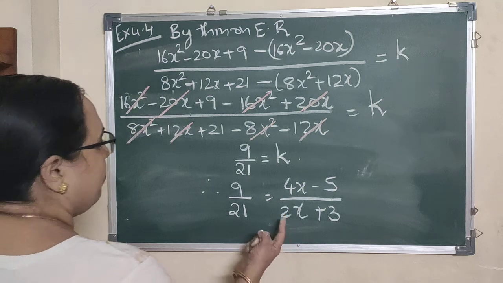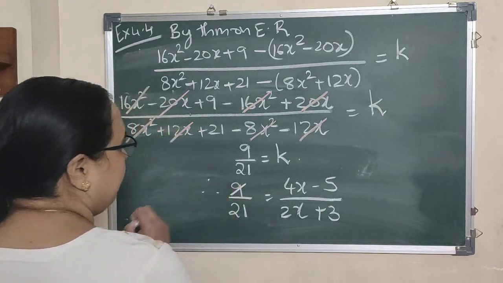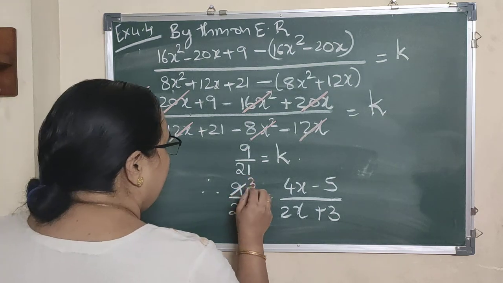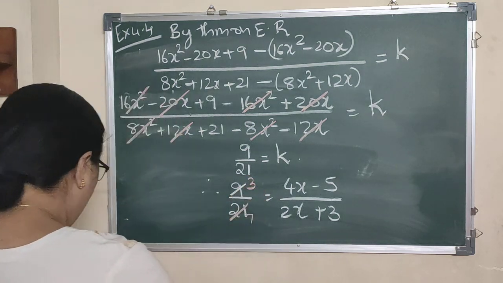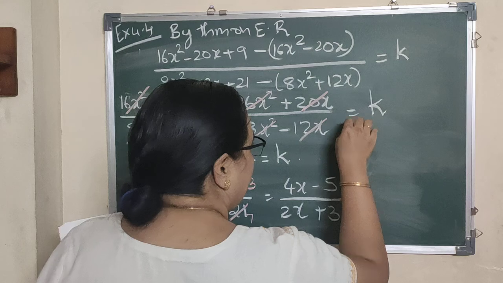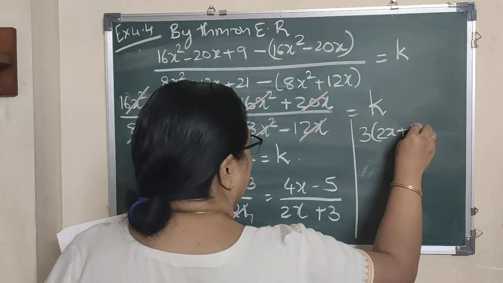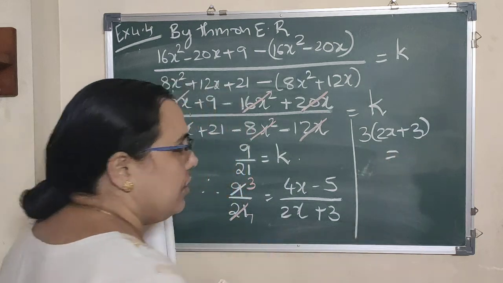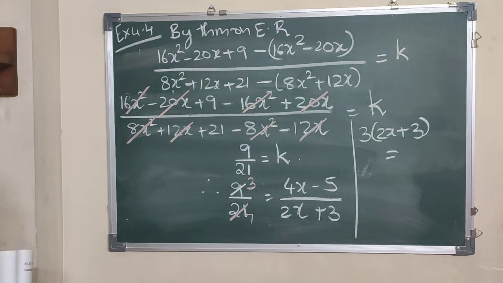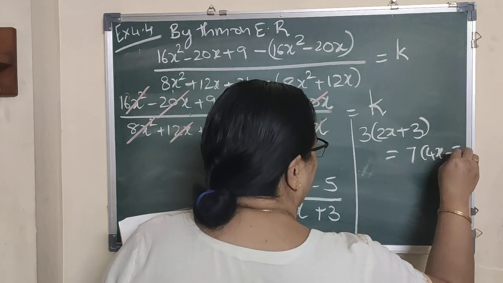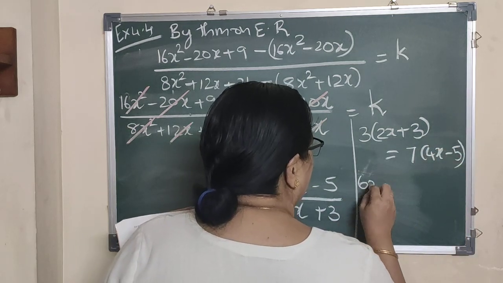So what we do here is, we can cancel further to give us 3, since 3 3s are 3 and 3 7s are 21. Cross multiply will give us 3 bracket 2x plus 3 equals 7 bracket 4x minus 5.